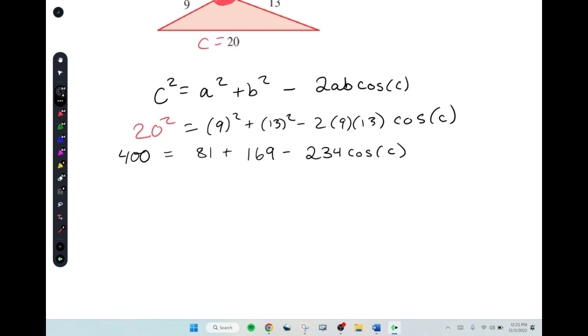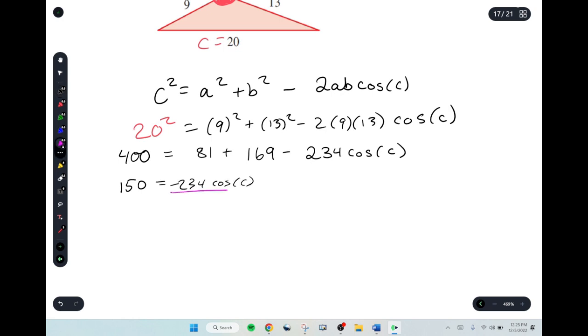I can't find my calculator. 150? That's a nice even number. Equals, I'm going to go slow, but yeah, we're about to divide. Divided by -234, so that cancels out, right? -150 divided by -234, divide both by 2.